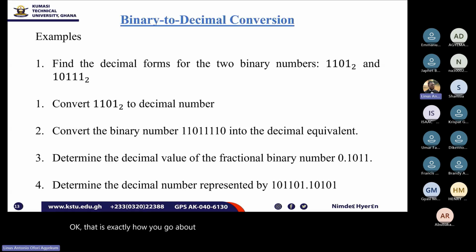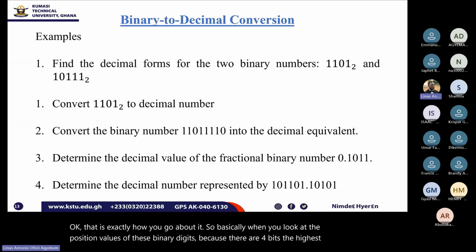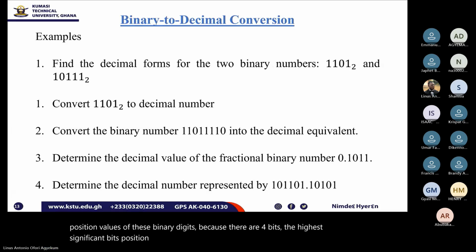So basically, when you look at the position values of these binary digits, because there are 4 bits, the most significant bit's position value will be what? 3.